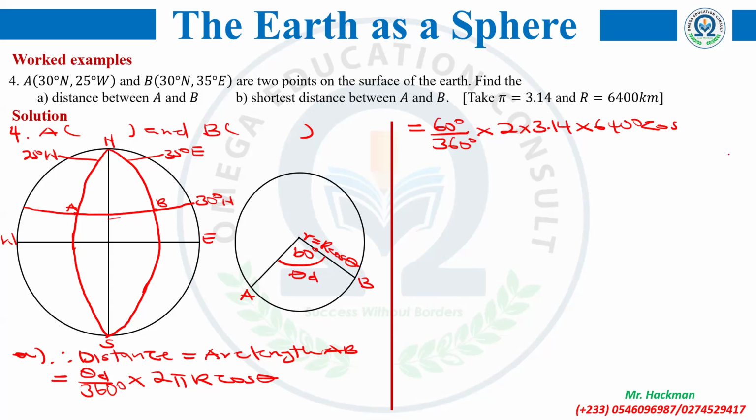Theta is the angle of our common latitude, which here is 30 degrees. Do you agree?